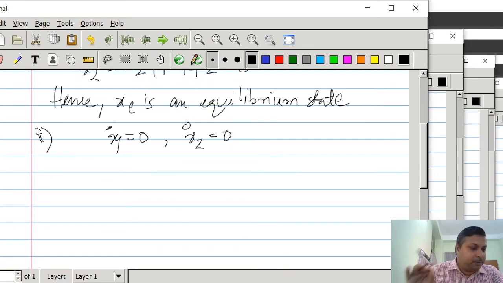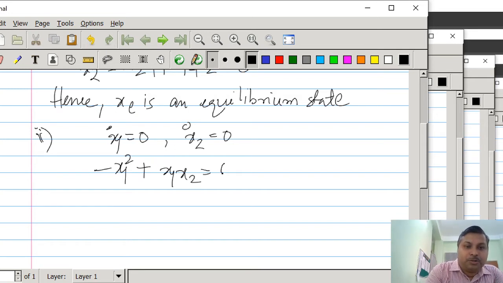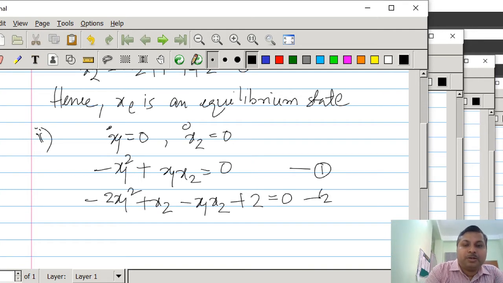So let us do that. If we make x1 dot equal to 0, it means that x1 minus x1 square plus x1 x2 is equal to 0, and in another equation we will get 2x1 square plus x2 minus x1 x2 plus 2 will be equal to 0. So this is equation number 1 and this is equation number 2.